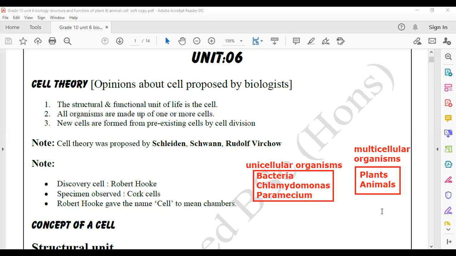If you agree with it, then you will agree with this second statement.